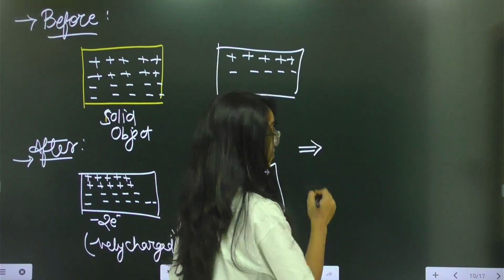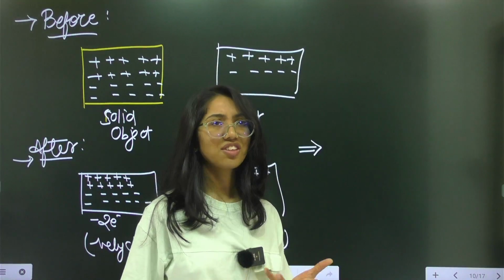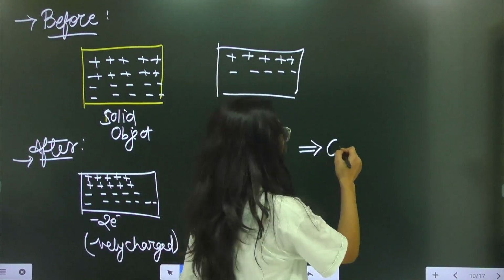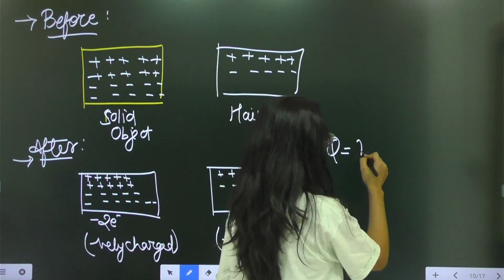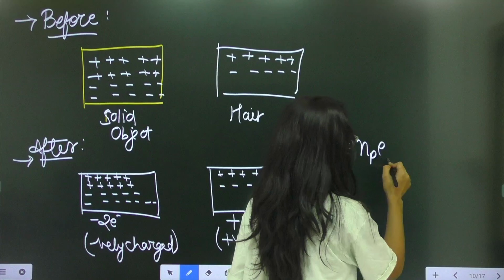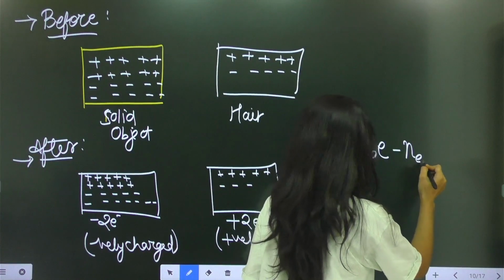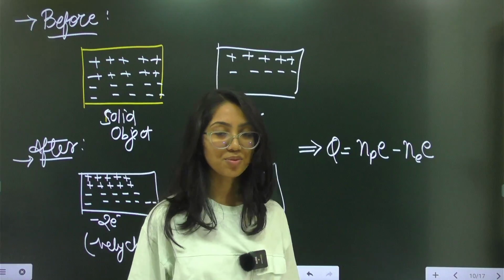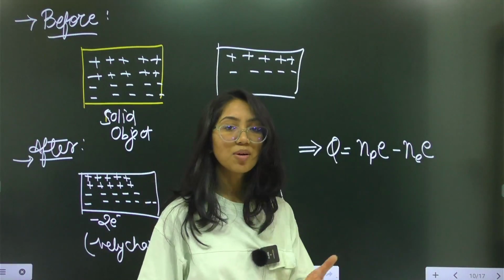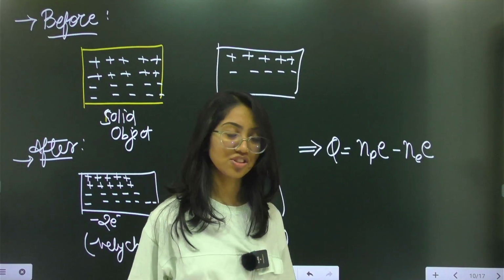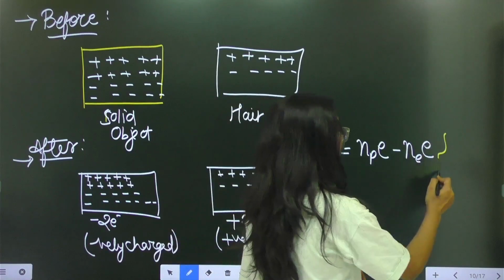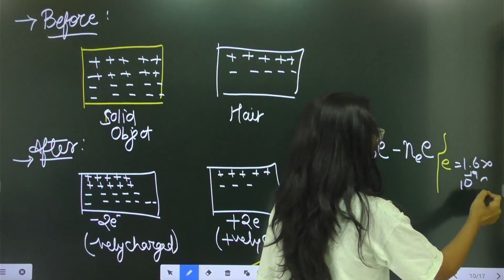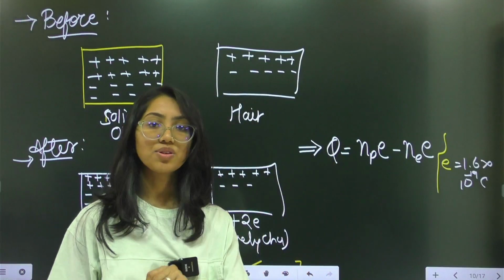So this is the composition, this is how the actual thing works, and there is a formula for this. Actually it's not a formula, but you can make it one. Capital Q equals NP e minus NE e. Now what are NP and NE here? NP is the number of protons and NE is the number of electrons, and e is the fundamental charge, which I told you is 1.6 × 10^-19 Coulomb, and you have to remember this, where Q is the charge.